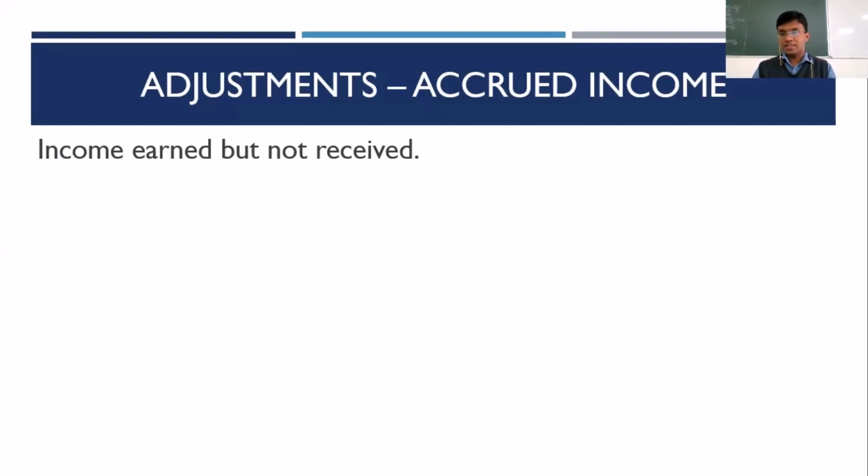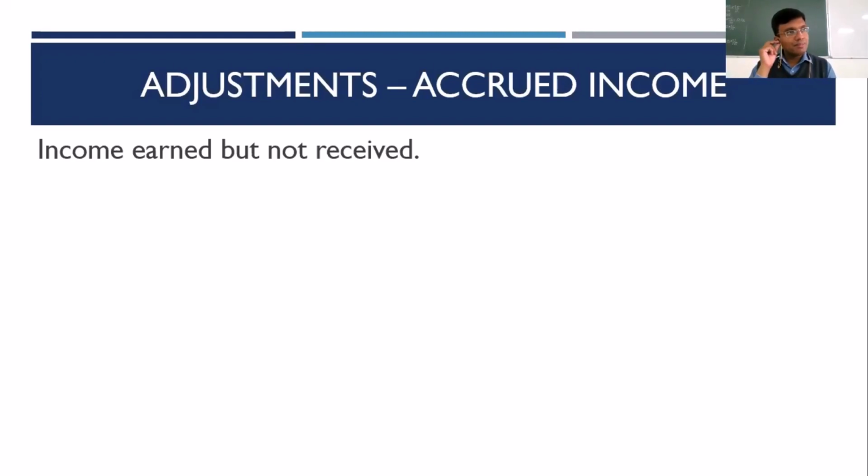Let me give you an example. You carried out a transaction, you sold some goods to your customer today, and you got a very competitive price. However, the customer does not have money with him right now, and he's promising to pay back the money after 1 month.